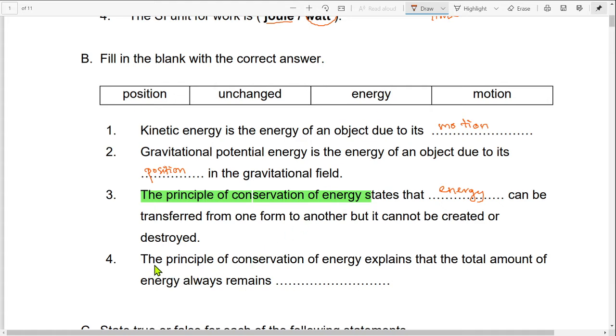Number 4, the principle of conservation of energy explains that the total amount of energy always remains unchanged. So that's why we use the term here conservation. In bahasa Melayu, conservation is keabadian. So the total amount of energy always remain the same.